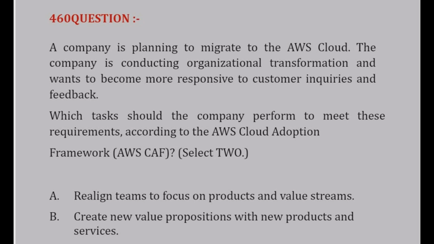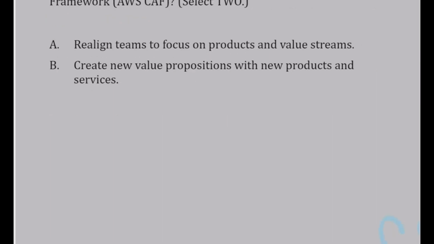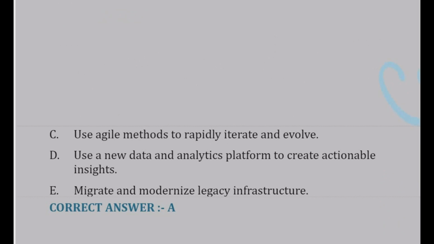Option A, realign teams to focus on products and value streams. Option B, create new value propositions with new products and services. Option C, use agile methods to rapidly iterate and evolve. Option D, use a new data and analytics platform to create actionable insights. Option E, migrate and modernize legacy infrastructure. Correct answer is option A.